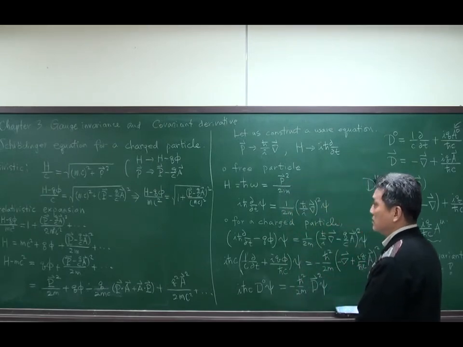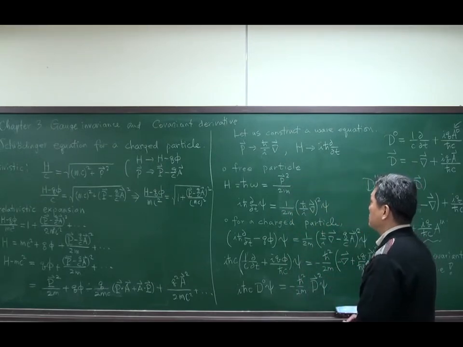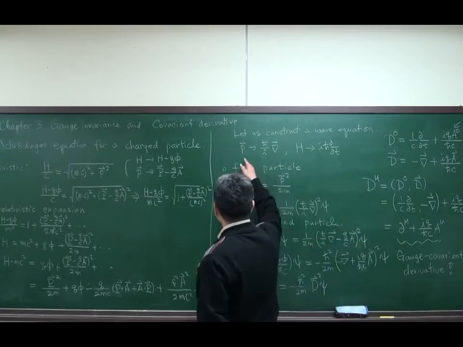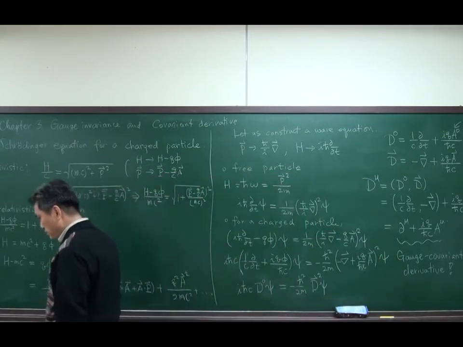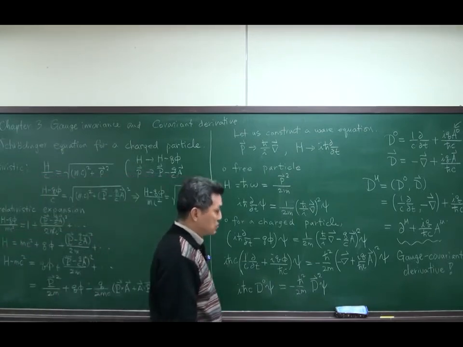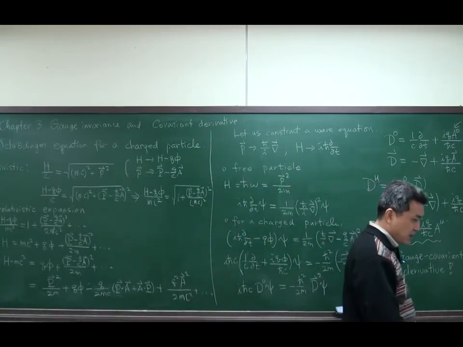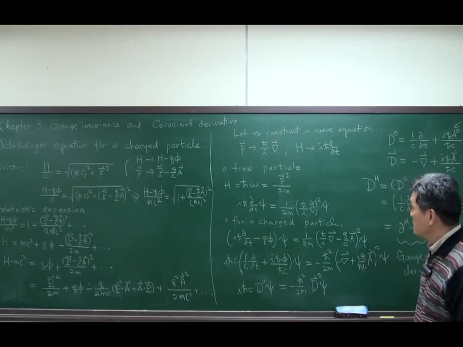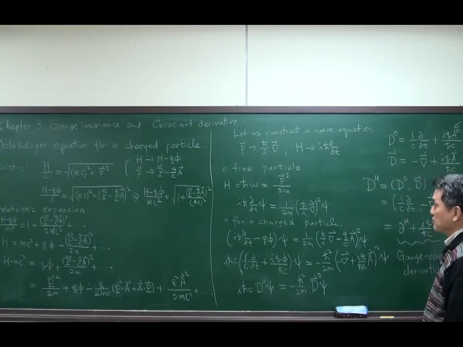We already know from quantum mechanics that the replacement can be made: momentum is replaced by h bar over i times the gradient, and the Hamiltonian is replaced by i h bar times the time derivative.